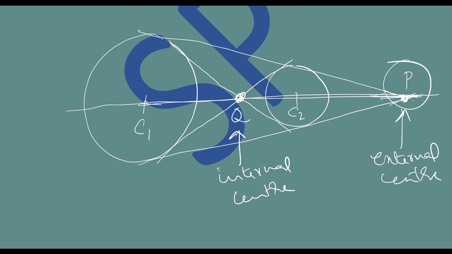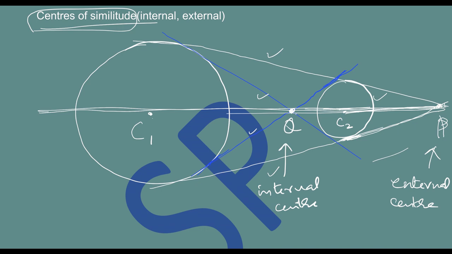Please don't forget. Now, let us see one very interesting point here. If I join C1 to the point of contact of this direct common tangent and similarly C2 to the point of contact of this direct common tangent, I want you to observe that, if I name the feet as M and N, the triangles C1MP and C2NP are similar triangles.